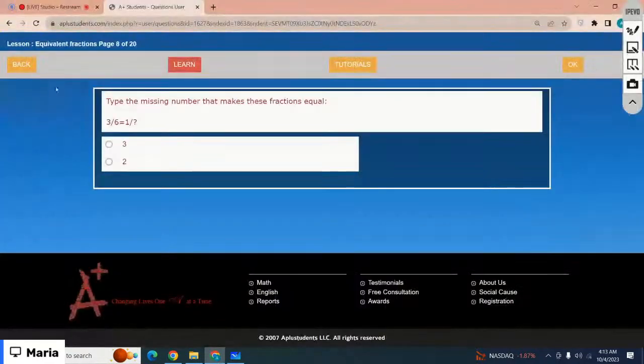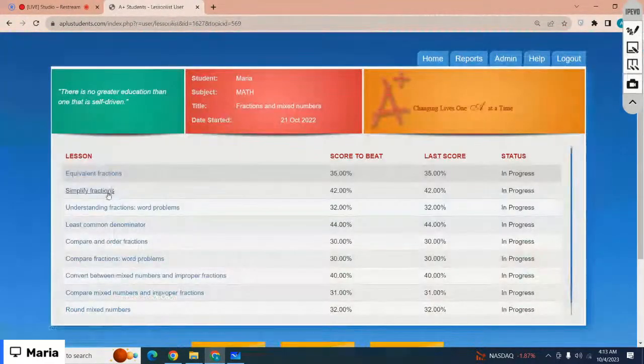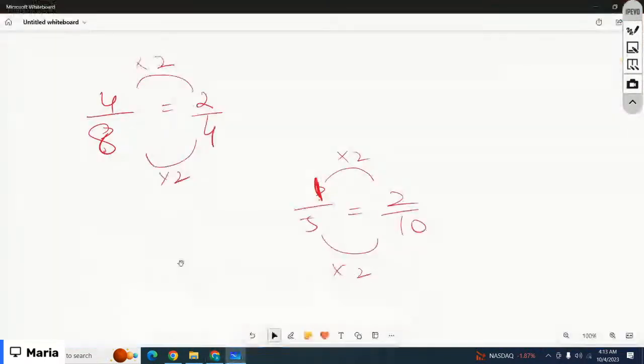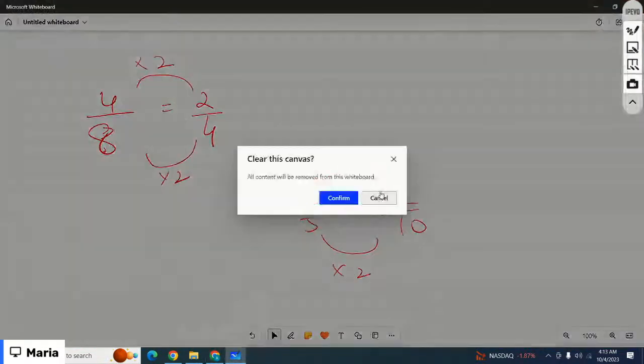The next lesson is simplify fractions. Right, yes. Okay, so what does simplifying fraction mean? What do you know about simplify fractions? Simplify fraction means the fraction must be in the simplest form, right?